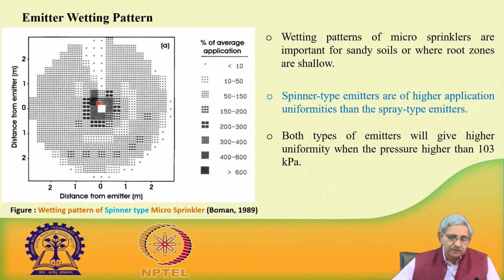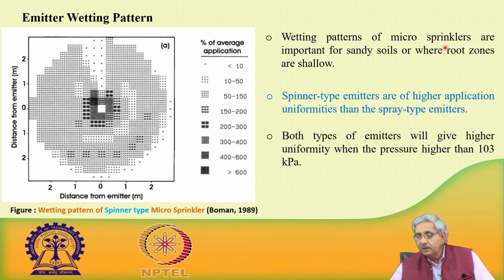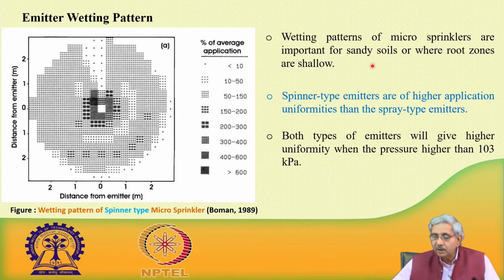When the spinner type of sprinkler is used, this is a typical water distribution pattern, but the greater depth of water, based on the research carried out, is obtained near the sprinkler stake. So, the wetting pattern of a micro sprinkler is important for sandy soils where root zones are shallow.